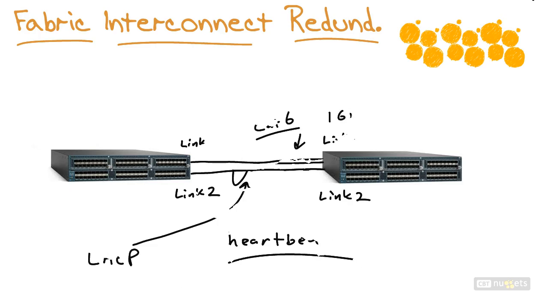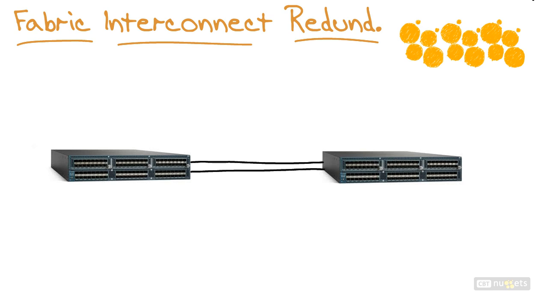Now, before we go any further, I want to make sure you're very clear on how this redundancy situation works with the Fabric Interconnects. In earlier nuggets, you've heard me talk about our active unit and our standby unit. And that is certainly true, but that is true from a management perspective.